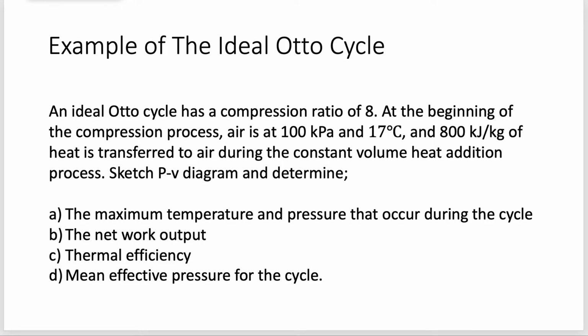This is an example of the ideal Otto cycle. The ideal Otto cycle has a compression ratio of 8. At the beginning of the compression process, air is at 100 kilopascal and 17 degrees Celsius, and 800 kilojoule per kilogram of heat is transferred to air during the constant volume heat addition process.